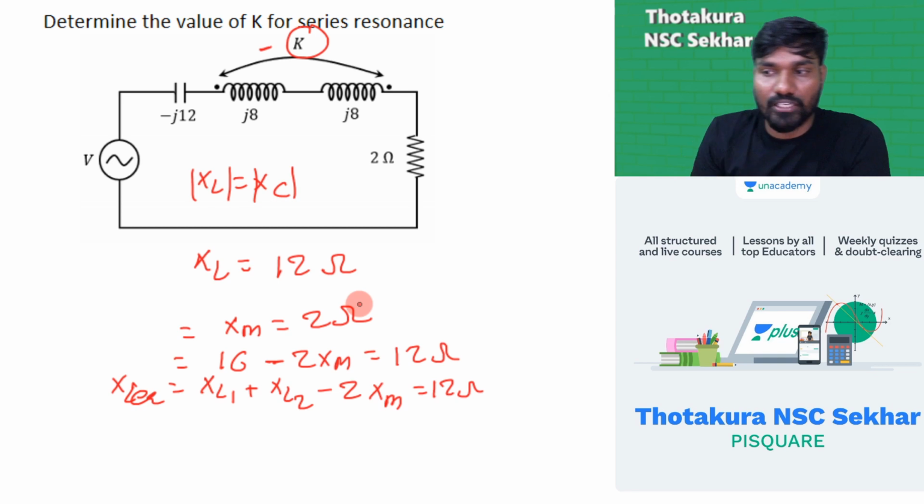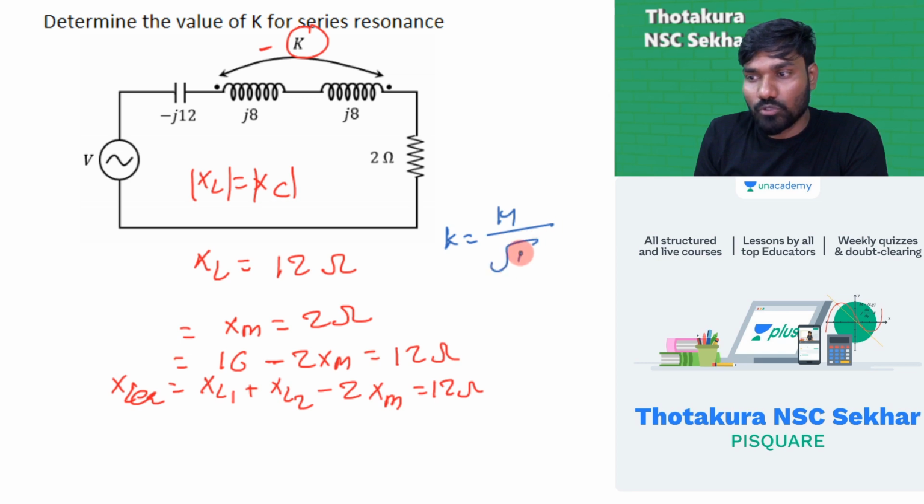How do we find the value of K? We know K is equal to M by root L1 L2. The same thing I can write as XM by under root XL1 XL2, by multiplying omega in numerator and denominator.